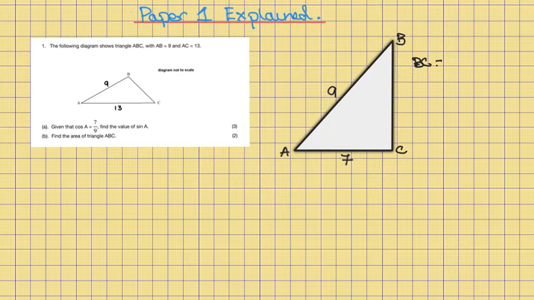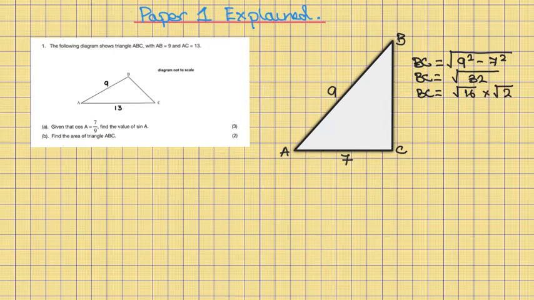So BC is equal to the square root of 9 squared minus 7 squared. So BC is equal to the square root of 32. If we rationalise that, we get BC is equal to the square root of 16 times the square root of 2.